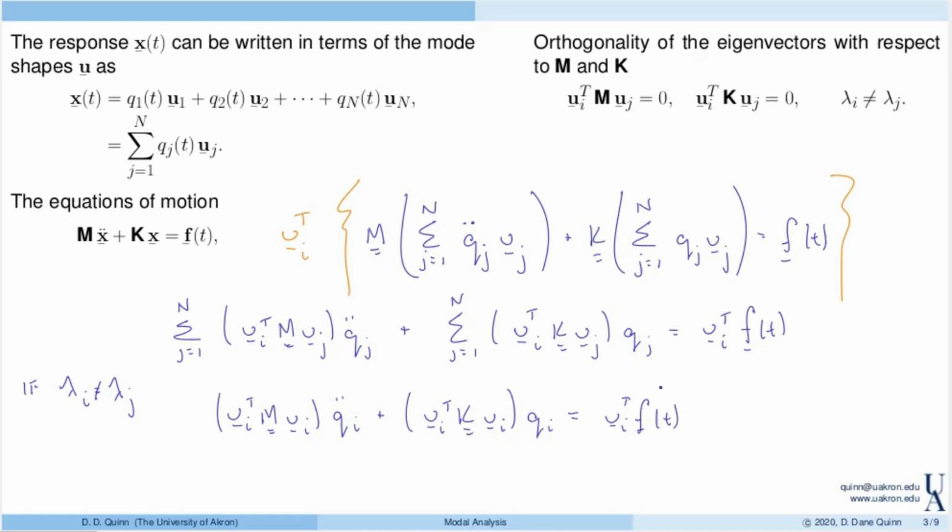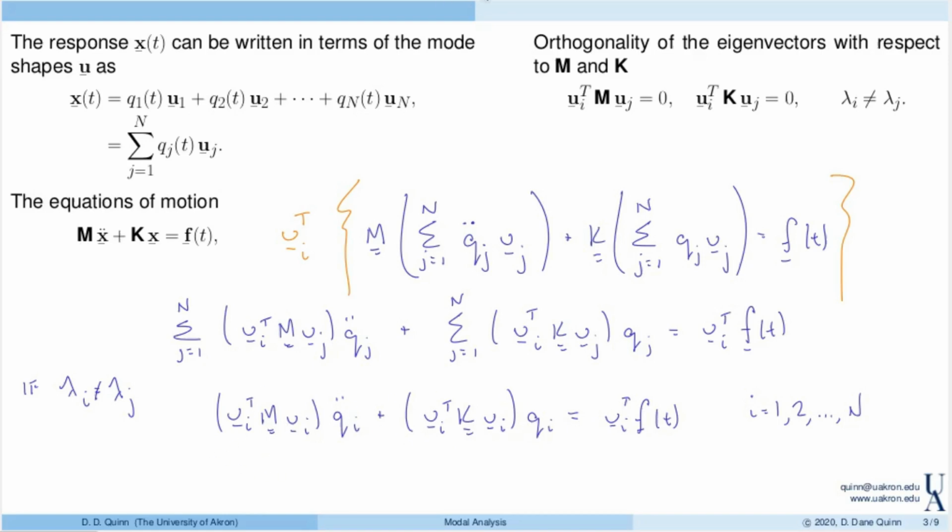So now we have just a single scalar equation, and here i can be anything from 1 to n, where this amounts to a single degree of freedom forced undamped system.